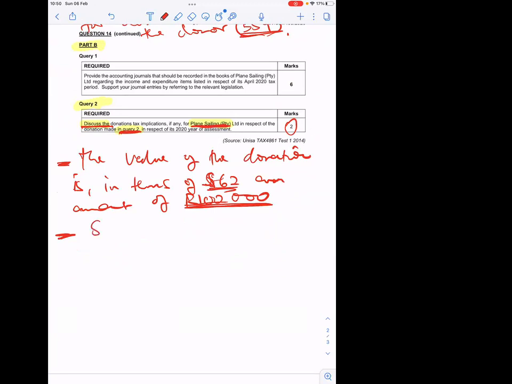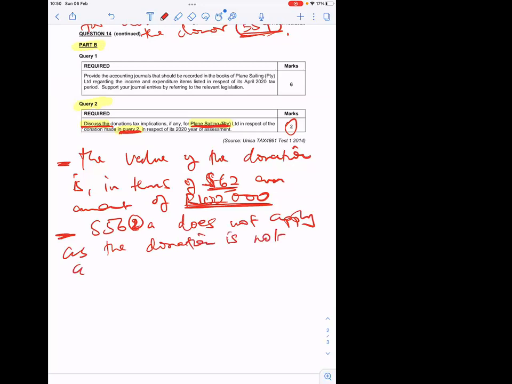Then I will say section 56(1), section 56(2)(a) does not apply, as the donation is not a casual gift. Casual gift, more than 10,000, is the marks that you are collecting.